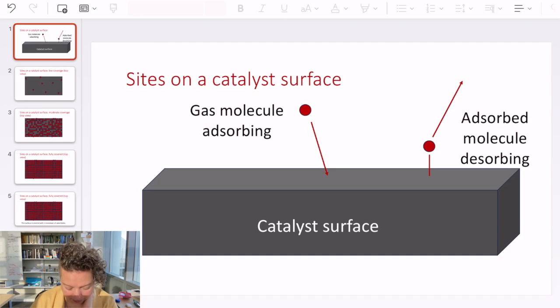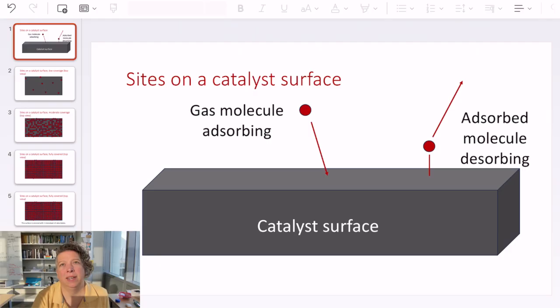In this presentation, I've drawn a catalyst surface, and I've drawn a gas molecule adsorbing on the catalyst surface. The catalyst surface is in gray, and the gas molecule is just a red circle or sphere. It can be the oxygen molecule, it can be something else. So two terms that we will talk about when we get more into catalysis are adsorption and desorption.